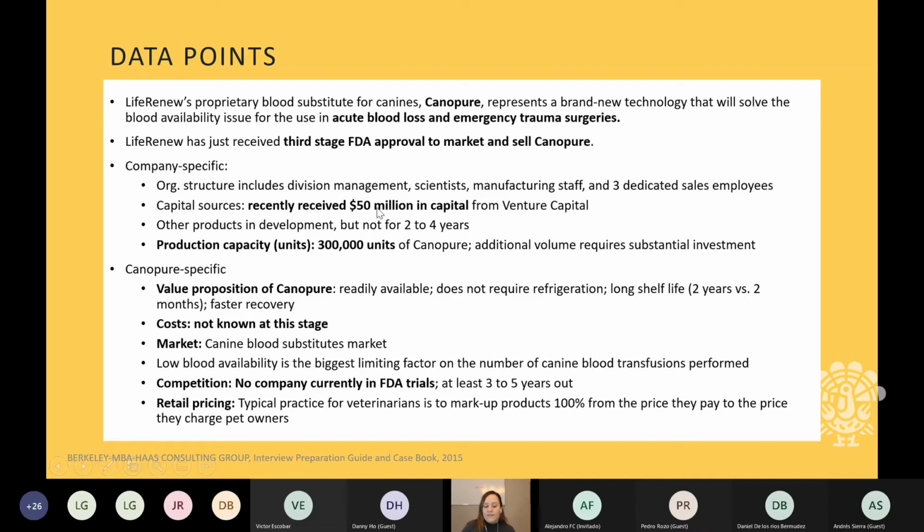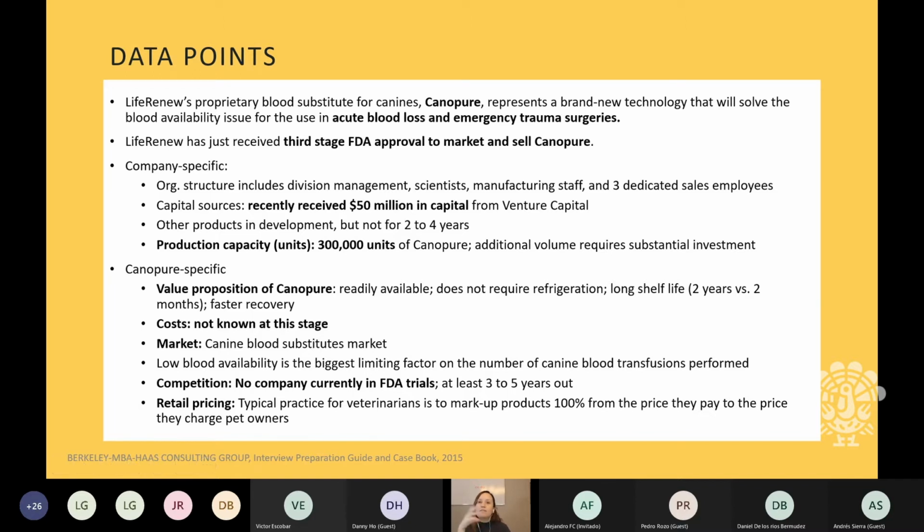They have received 50 million in capital, and with that they have the capacity to produce 300,000 units. I'm going to leave these 300,000 units here because that is the max capacity they have. How does this translate to technology?